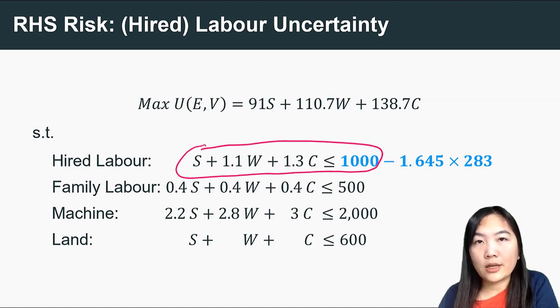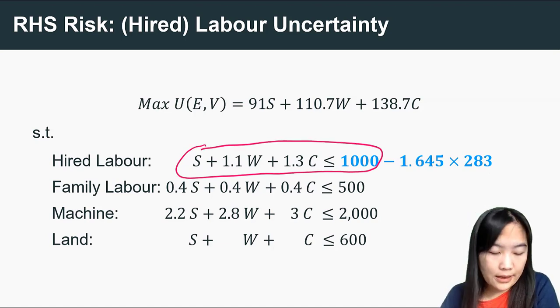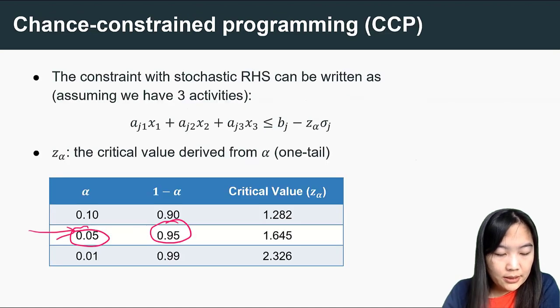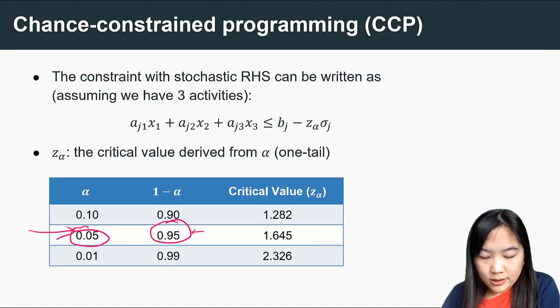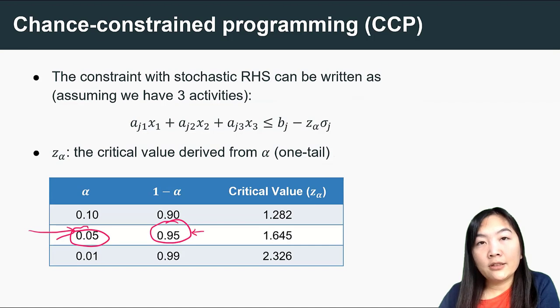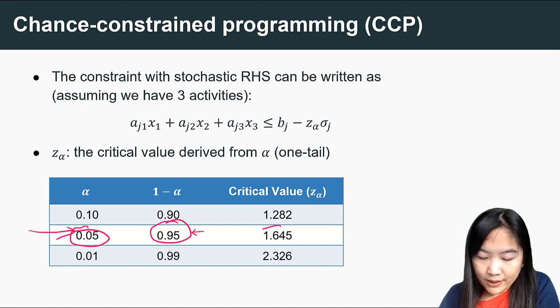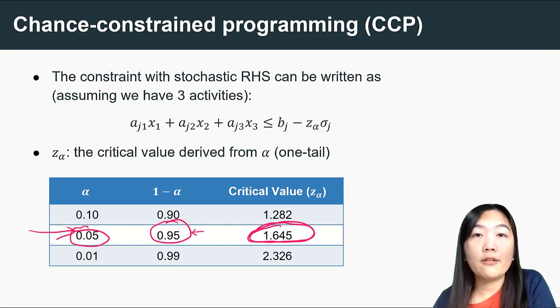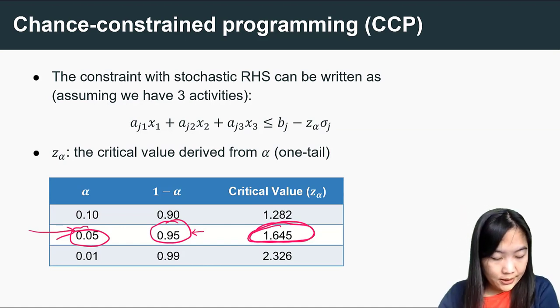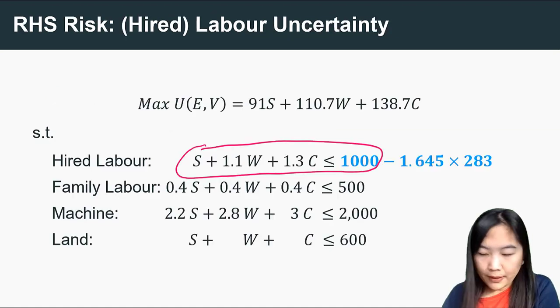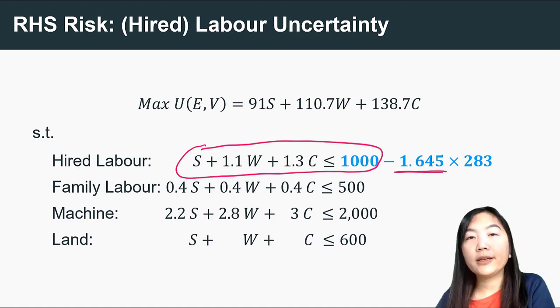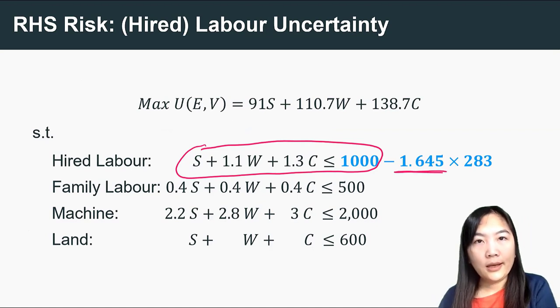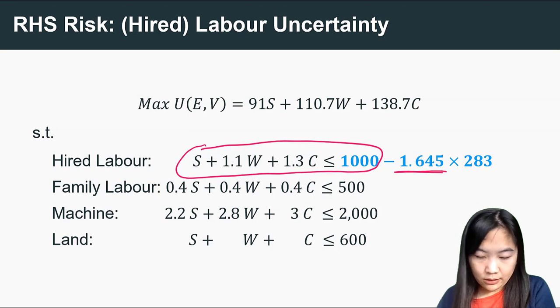So you are 95% sure that the constraint is going to be met. And once you decide the alpha value and calculate 1 minus alpha, then you can find in this table that the Z alpha is 1.645.